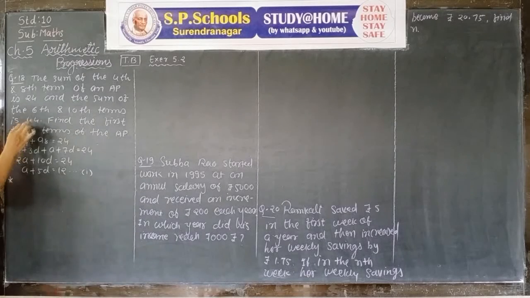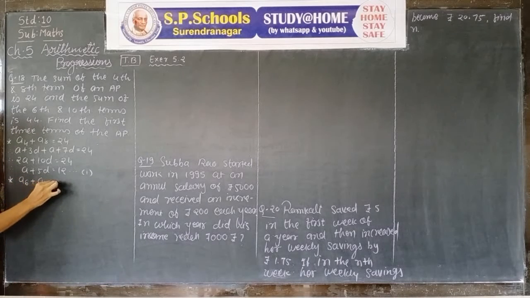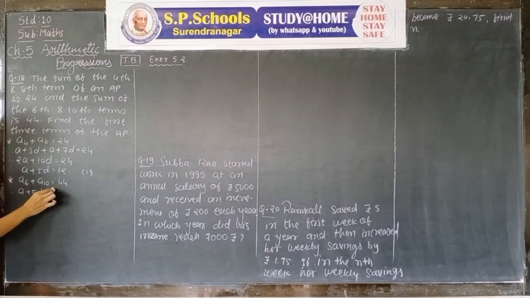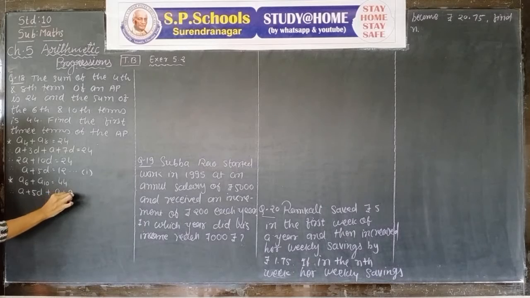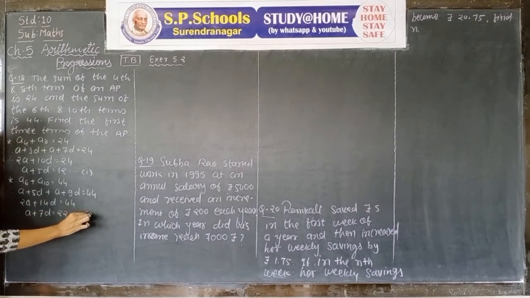The sum of the 6th and 10th term is 44. 6th term A6 plus 10th term A10 is equal to 44. A6 is A plus 5D plus A10 is A plus 9D is equal to 44. A plus A is 2A plus 9 plus 5 is 14D is equal to 44. That's why A plus 7D is equal to 22, which is our second equation.